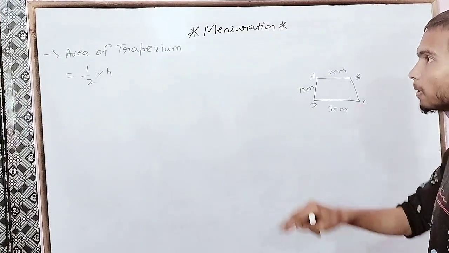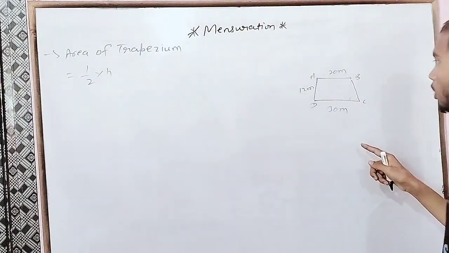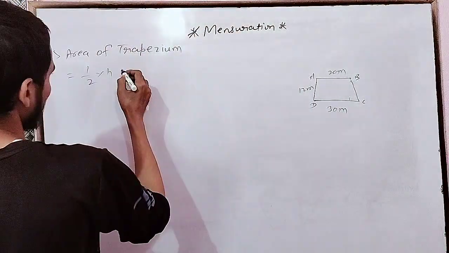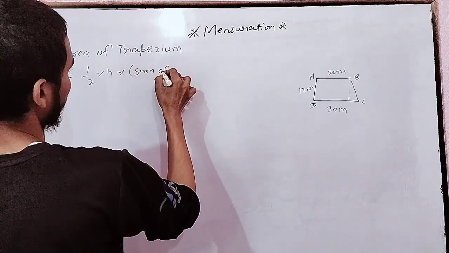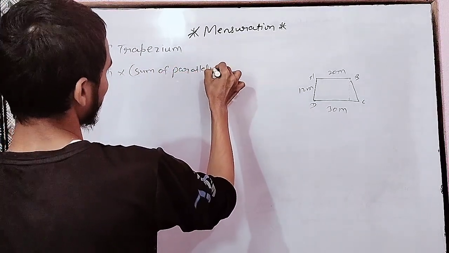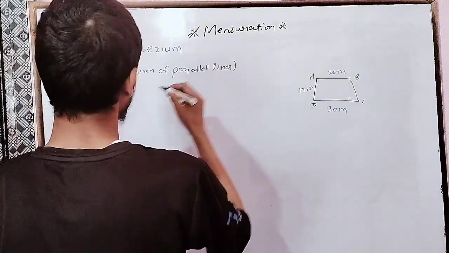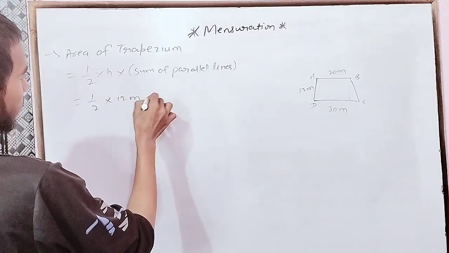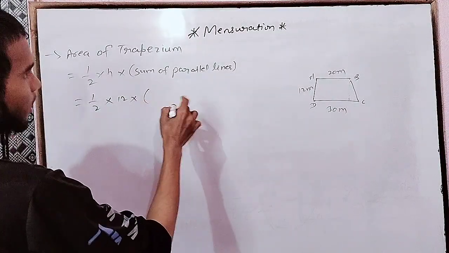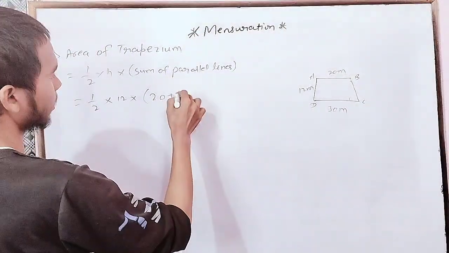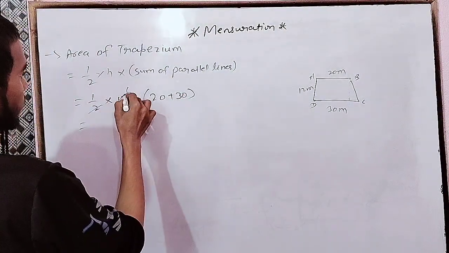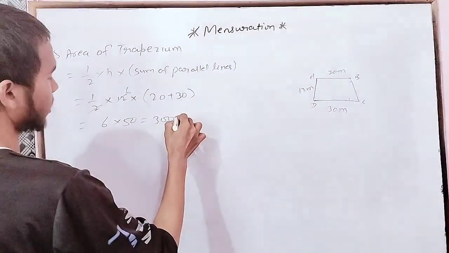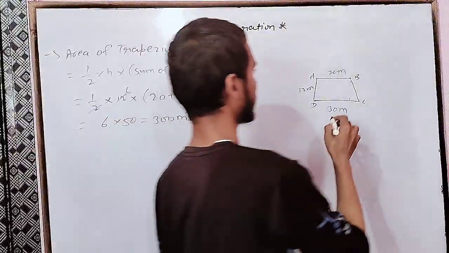For non-parallel lines we apply h, but for parallel lines we multiply by the sum of parallel lines. 1 upon 2 h, which is 12 meters. Then the sum of parallels is 20 plus 30. The area is 300 meter square. This is the area of this trapezium.